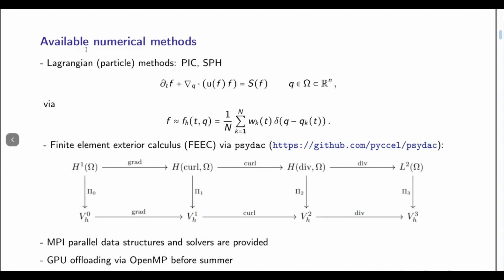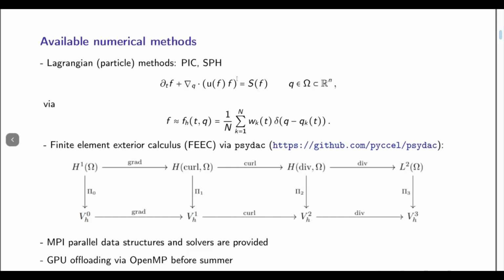There we have two categories: particle-in-cell methods or meshless methods, or smooth particle hydrodynamics, SPH methods. In both of these cases, what you actually do is solve conservation laws of the form that you see here on top of the screen, with a flow velocity u that can depend on f and a possible source term.